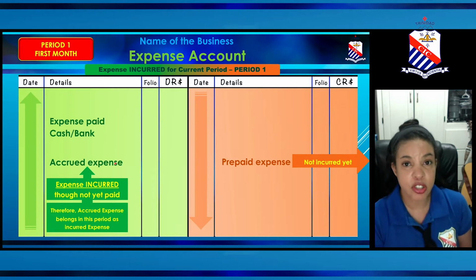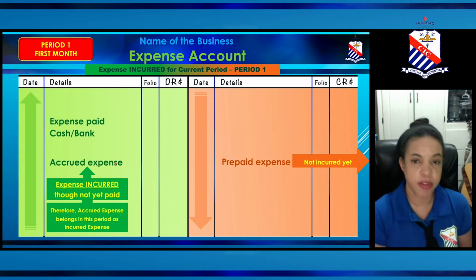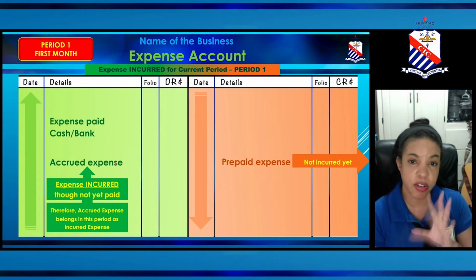So because it has not been incurred, you have to take it out of that period. It is not incurred in that period. It does not belong to that period. Even though you paid for it in that period, it does not belong there. So it decreases the amount of the actual expense for that period. So you have to put it on the credit side because it has to be decreased.